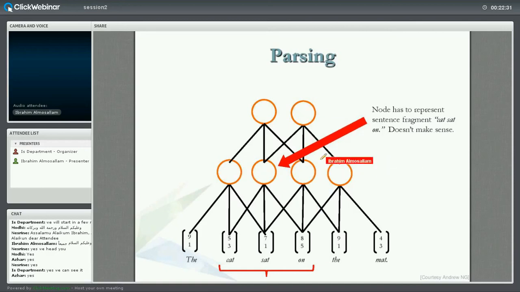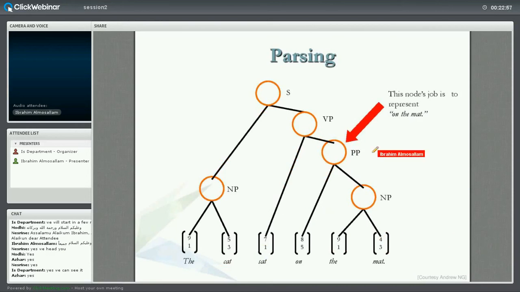If you take each layer as a combination of the previous layer, this combination is pretty rare, so these links will have lower values. On the mat might appear as a separate phrase more frequently than, say, cat sat on, so these weights will have higher values. And as you keep doing this recursively, it learned how to parse this sentence.